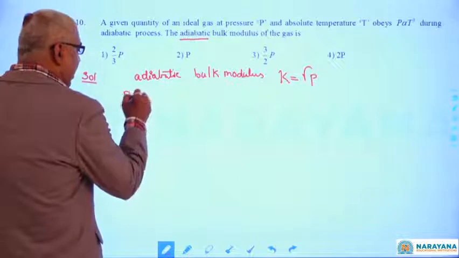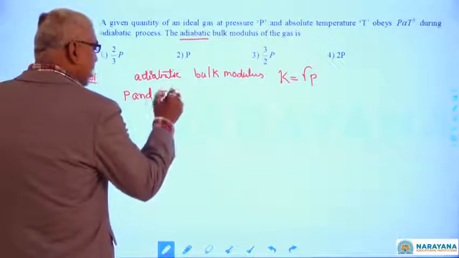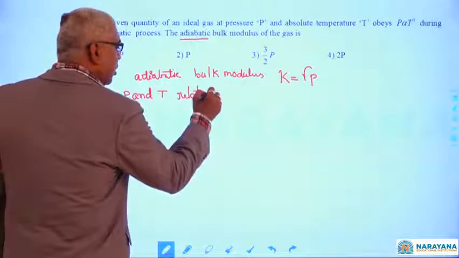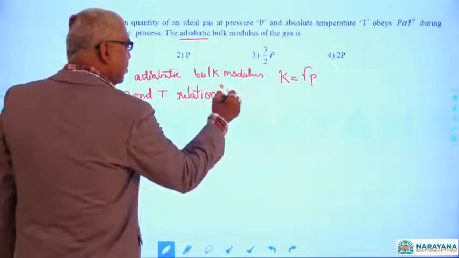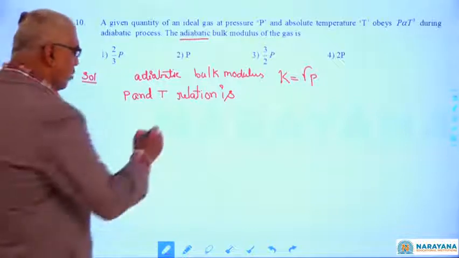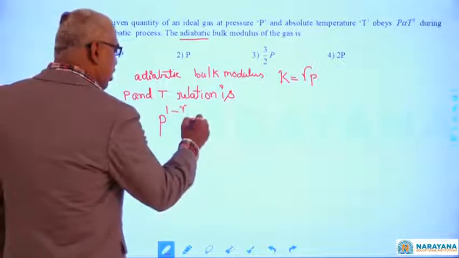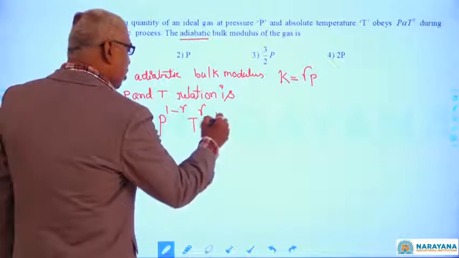The P and T relation is P to the power of 1 minus gamma, T to the power of gamma equal to constant.